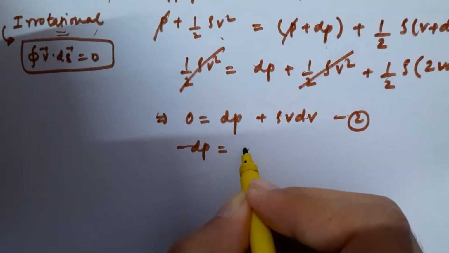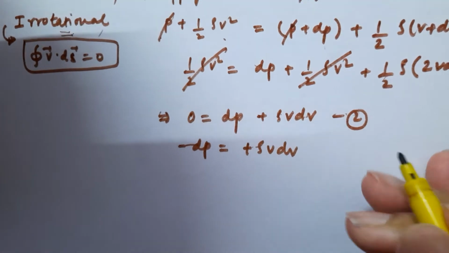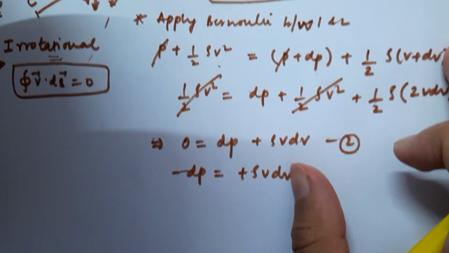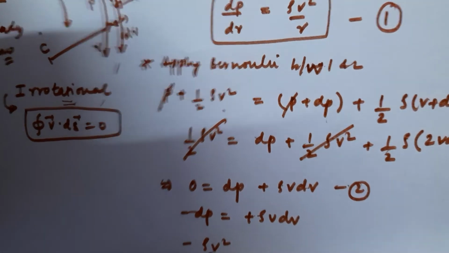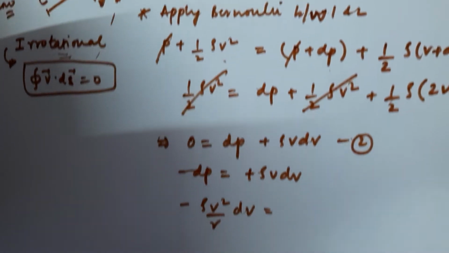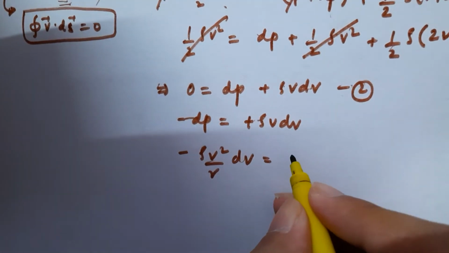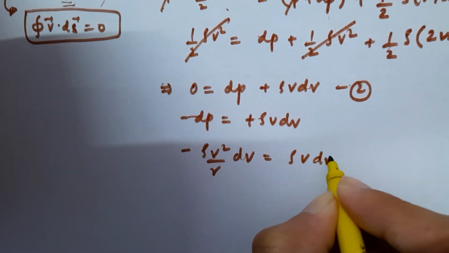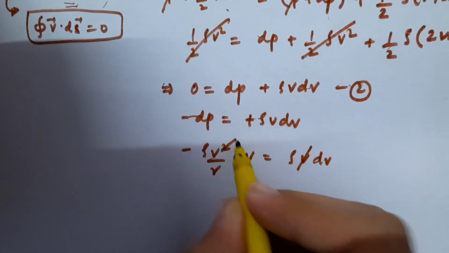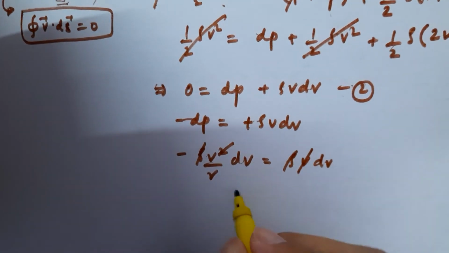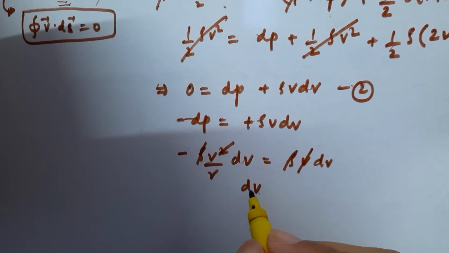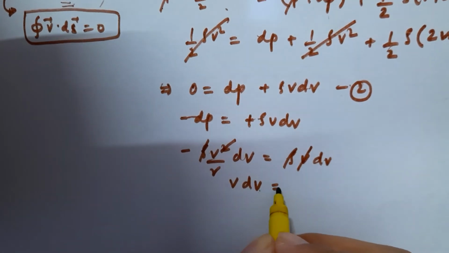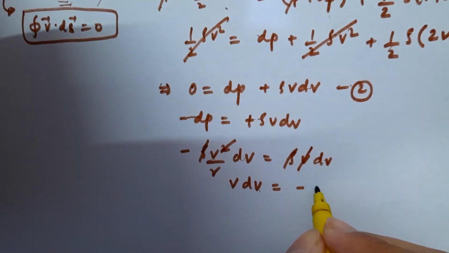minus dP is equal to plus rho V dV, and for dP from the above, I can write minus rho V squared upon R dV is equal to rho V dV. So V cancels out and rho cancels out. I have dV into V equal to minus, I think I have committed a mistake.